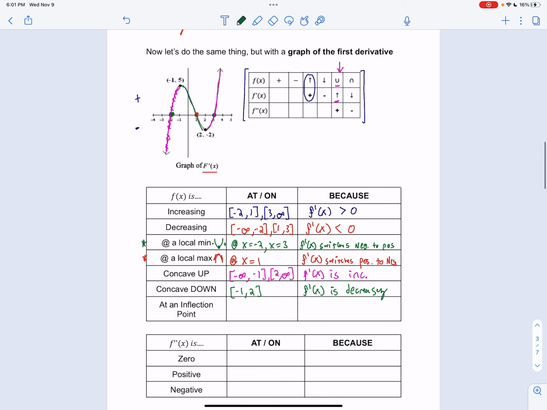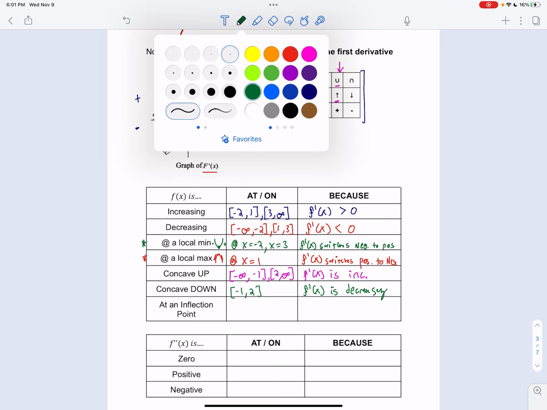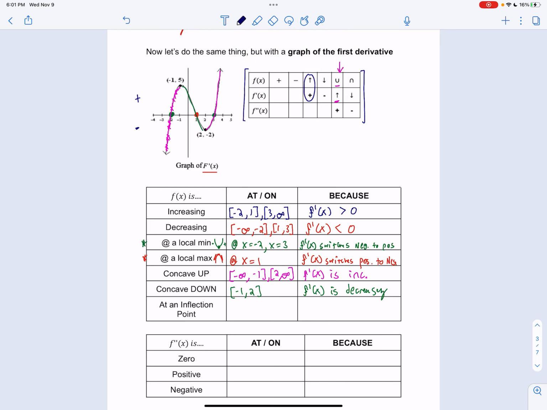Finally, at an inflection point, well, that's the definition of an inflection point, is when these things change. So remember here, this is especially where things get tricky. I'm not asking when f prime is at an inflection point. I'm asking when f is at an inflection point. And f is at an inflection point where we hand over from f prime increasing to decreasing, or vice versa.